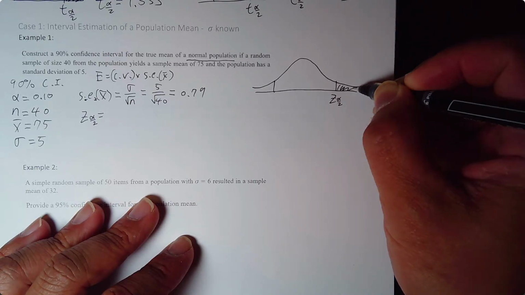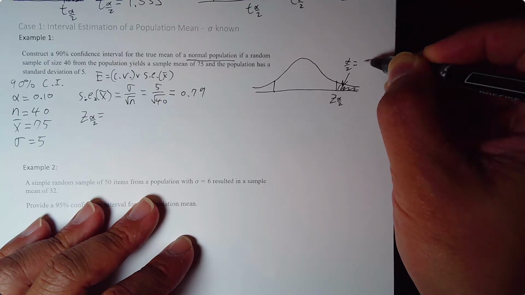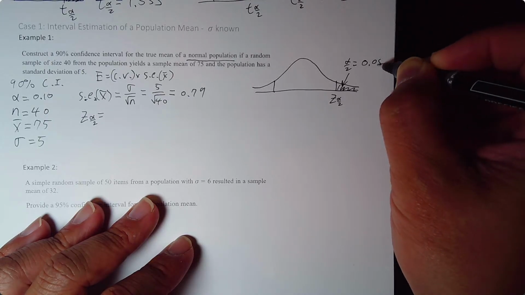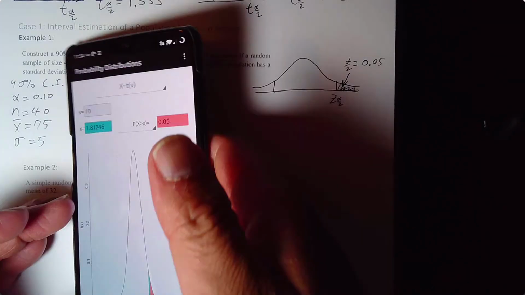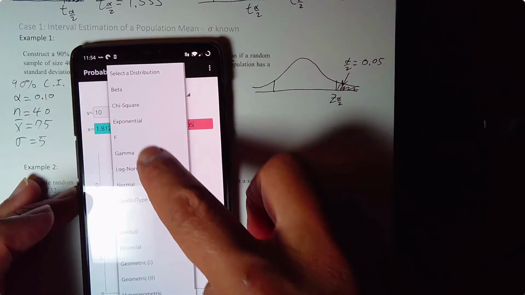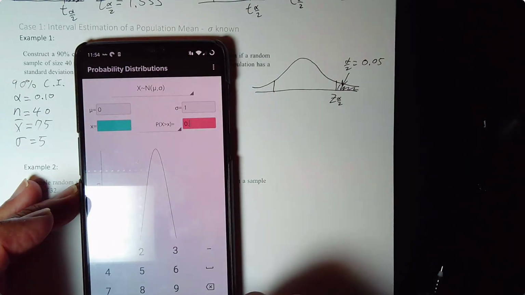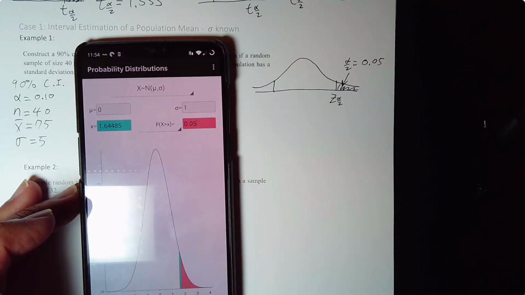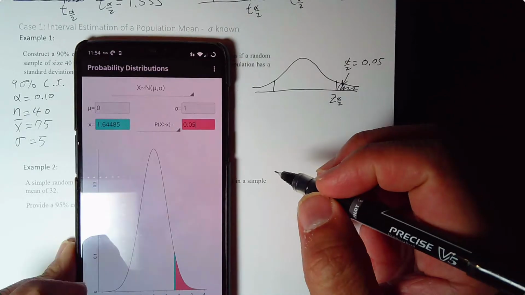My tail will be alpha over 2, which will be 0.05. I'll go into my app, into normal distribution, 0, 1, here 0.05, and there we go. My critical value is 1.645.